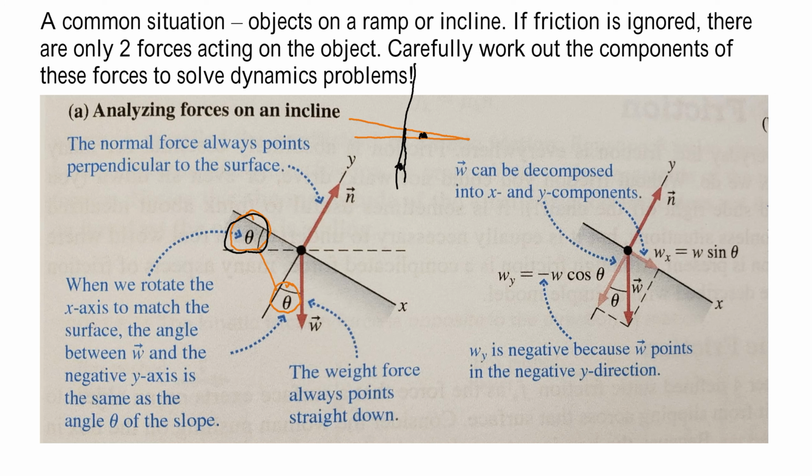We're going to break the weight vector into weight in the y direction and weight in the x direction. You definitely want to do that right away. Break those into components, and then you will see the normal vector and the weight in the y direction. And then we have this weight in the x direction, which is actually the part that causes the net force and acceleration down the hill or ramp or whatever it is.